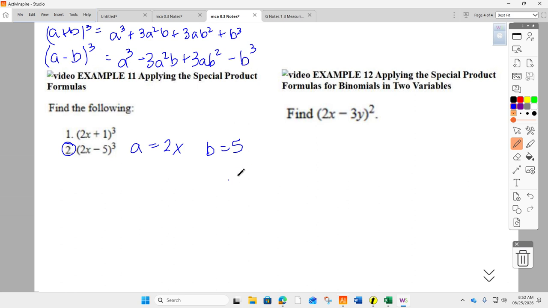Okay, so we're going to plug into this formula. So it's 2x cubed minus 3 times 2x squared times B, which is 5, plus 3 times 2x times 5 squared, minus 5 cubed.